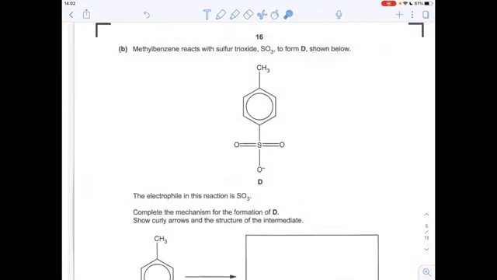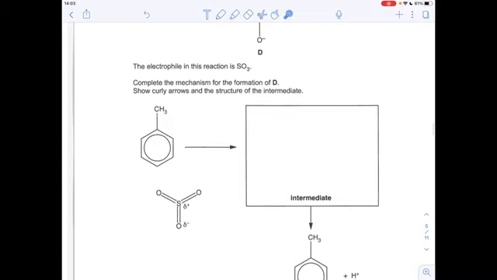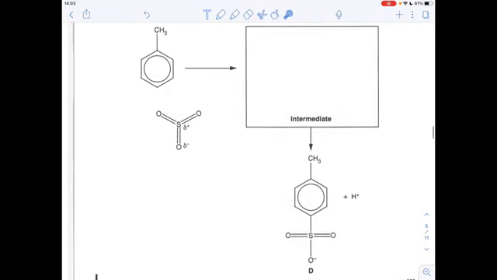Next question is slightly tricky, I suppose, because it's not straight off the syllabus. It's an application of one of the benzene mechanisms. So we've basically got to see how this methyl benzene is going to interact with this electrophile here, and we have got the products, so that's obviously a big help.